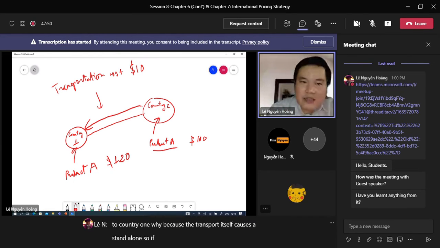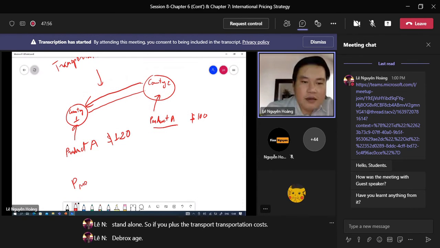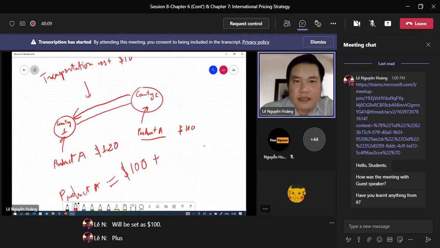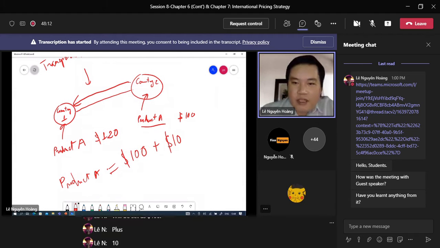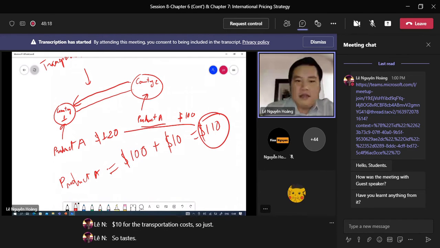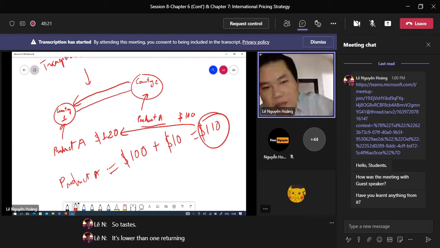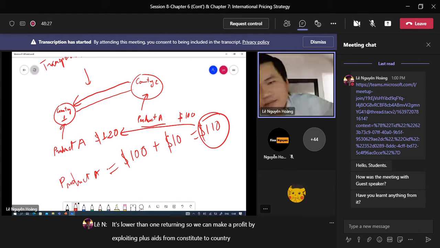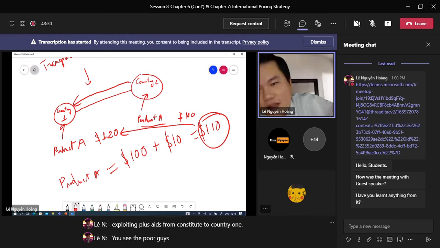So if you add the transportation cost, box A in this case will cost $100 plus $10 for transportation, which is lower than 120. So we can make a profit by exporting box A from country 2 to country 1. You see the point, guys? So this is one of the reasons leading to gray market.